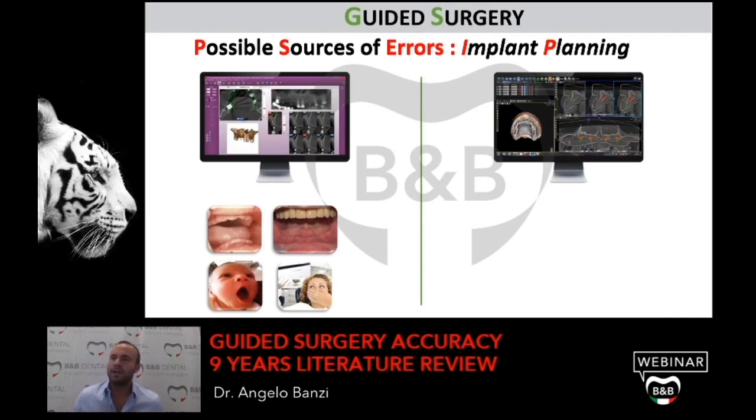So if I cannot find a good position of the radiological template, how can it be possible to find the same position for the surgical template? This is really, really important. And the problem is not only when I have a big resorption of the alveolar bone, but also when I've got too much soft tissue.